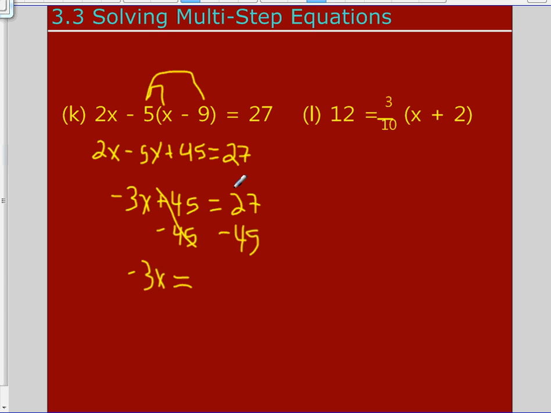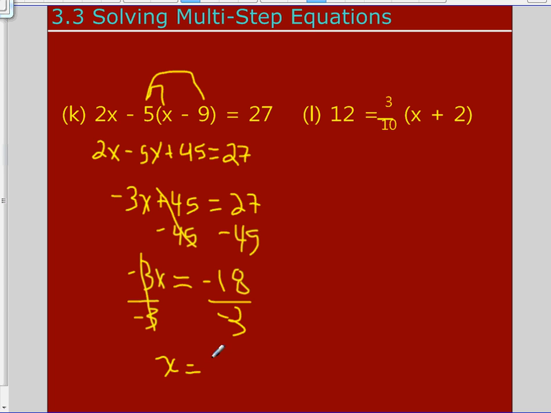Equals 27 minus 45, negative 18. And divide. Divide again, because whatever we do to one side of the equation, we have to do to the other side. So then x is going to equal positive 6.